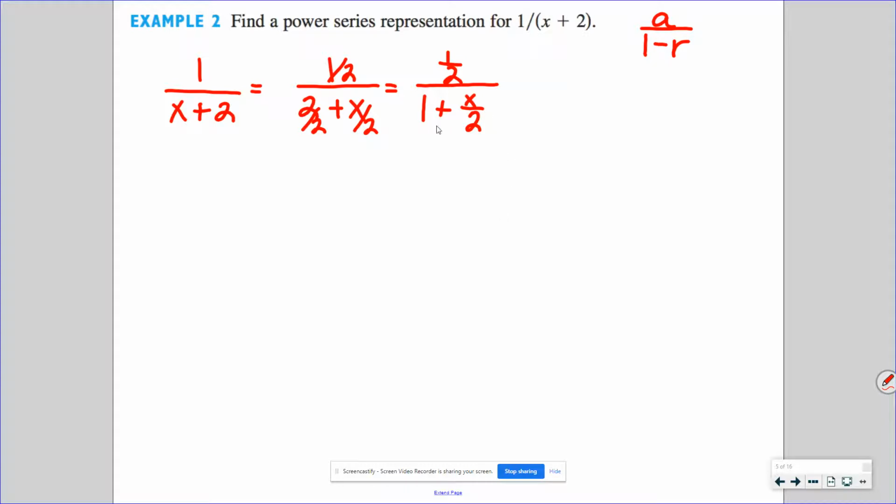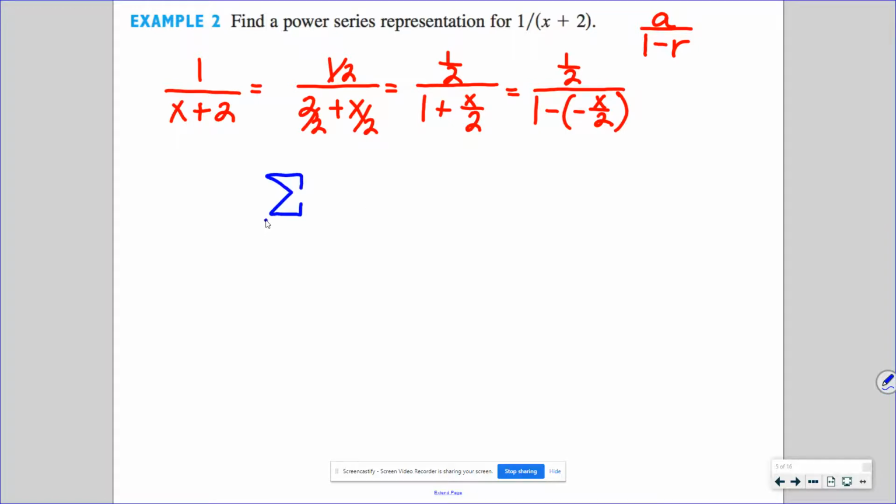Okay, and then I need a minus, not a plus, which we've done that before. So we're just going to make it 1 minus -x over 2. So that does now look like a geometric sum. So we can turn that into a series.